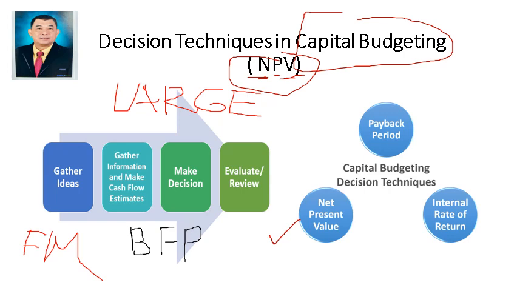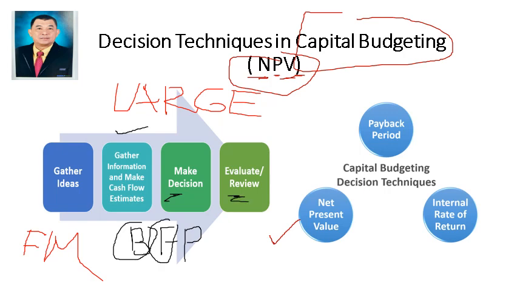So you can have a better idea that when you budget and forecast, more or less you have a marginal error. And one of the processes again is gathering information and making cash flow estimates, forecast and budgeting, estimation. And then you make a decision, and then you evaluate and review.